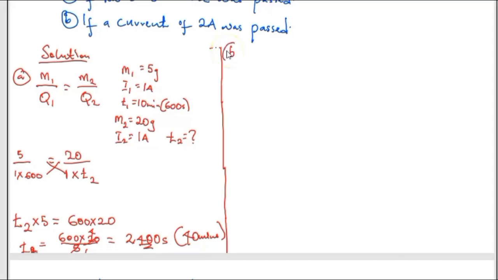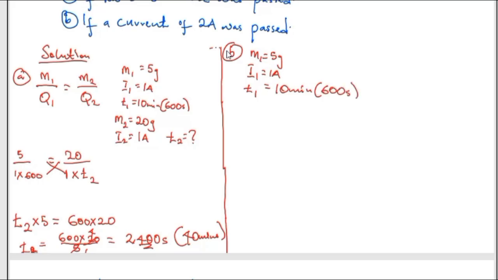So for the B part, if a current of 2 amp was passed, what will be the time required? So let's see. Similar thing. We take our data first. Our M1 remains 5 gram. Our I1 is 1 amp. Our T1 is 10 minutes, which is equivalent to 600 seconds.